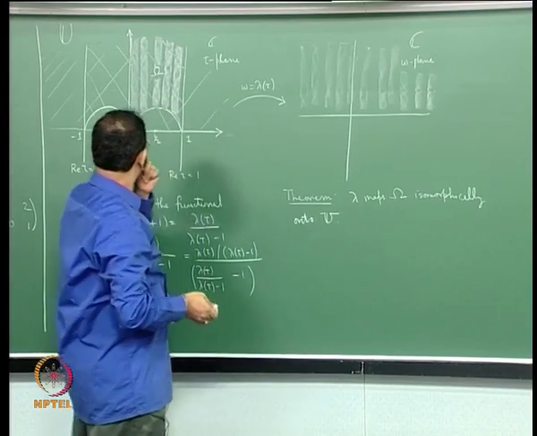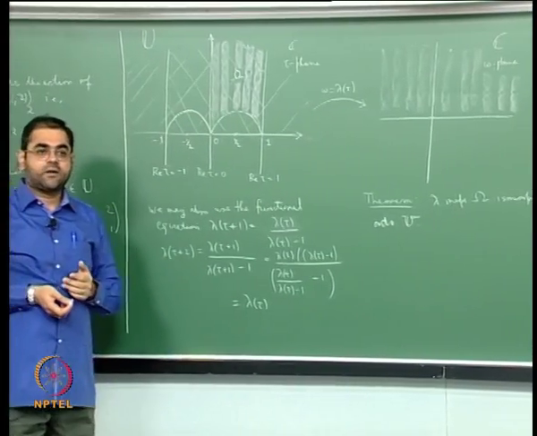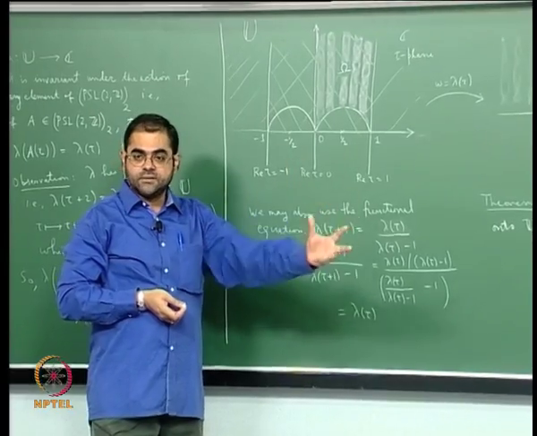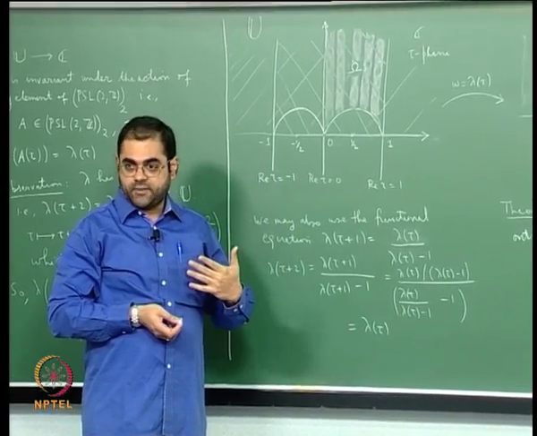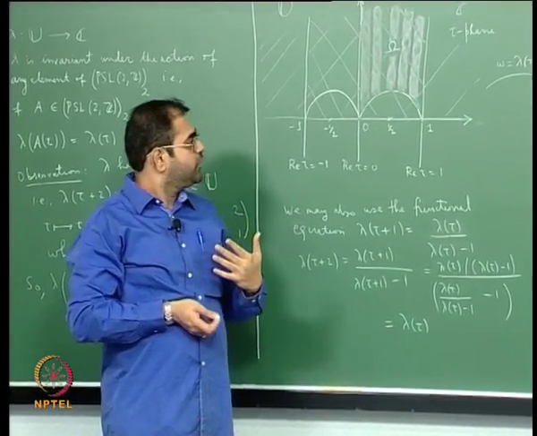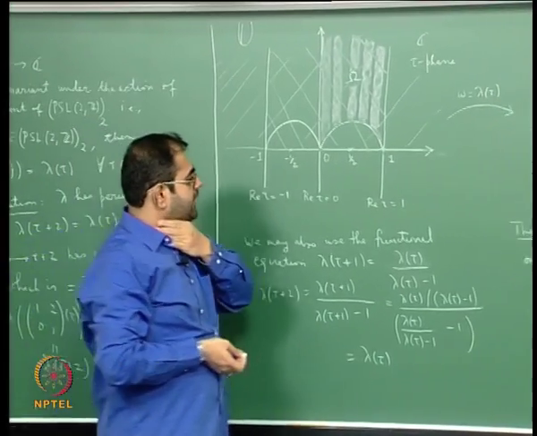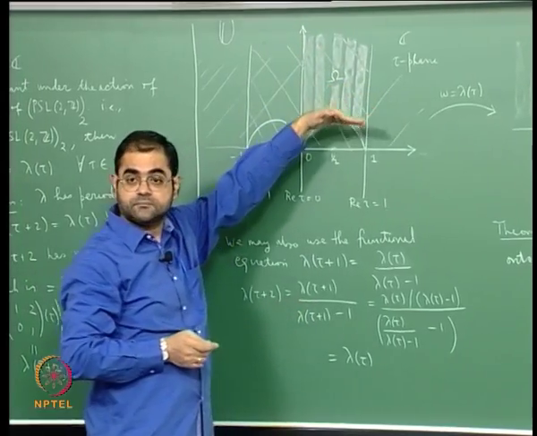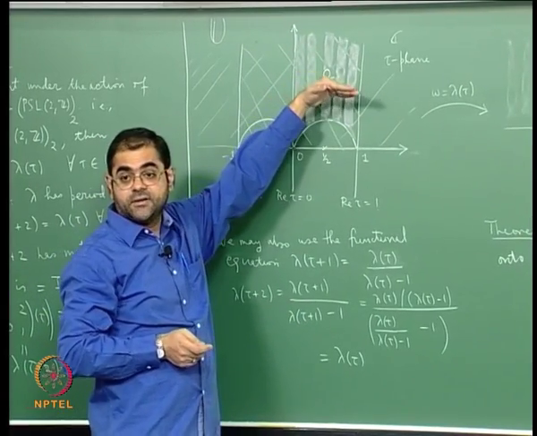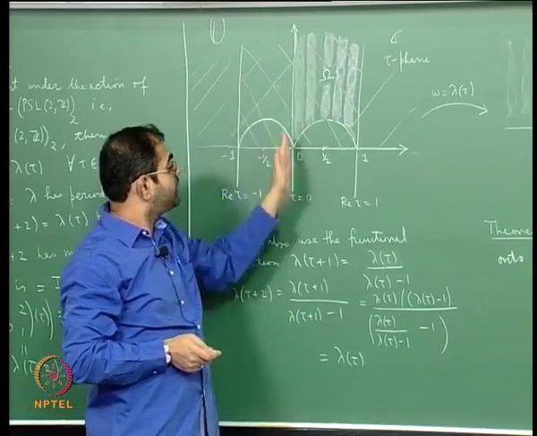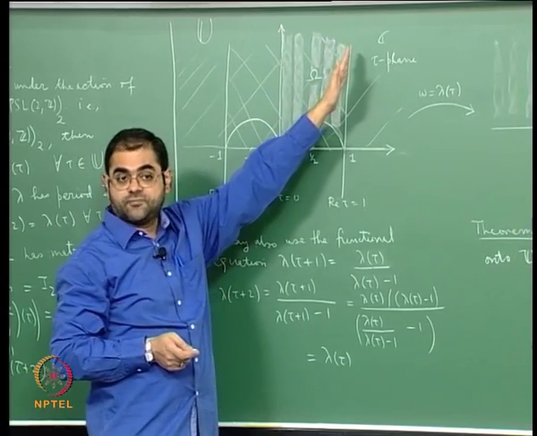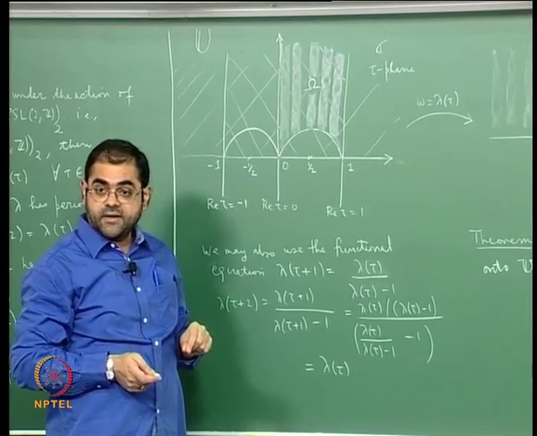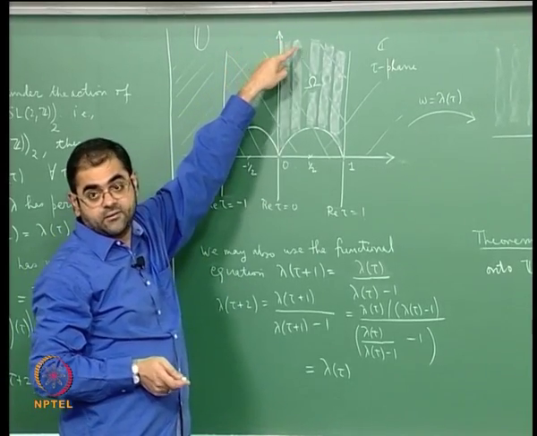Not only that, of course you expect a conformal map, when it maps a certain region to a certain region, to map the boundary to the boundary, alright. So the beautiful thing is that lambda is defined only for the upper half plane, okay, but you can extend lambda to the boundary of this region omega in such a way that you can expect where the boundary has to go.